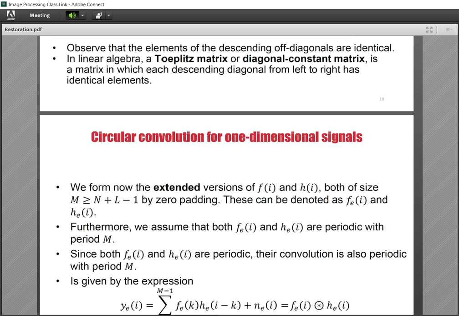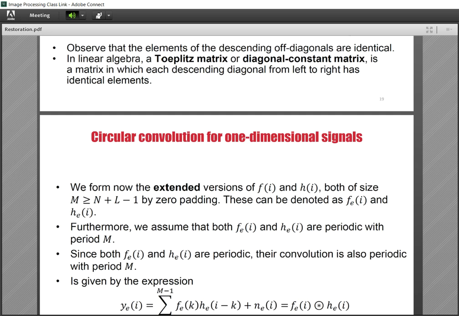This is zero padding. 5 zeros are added to the smaller one, to h. But this formula says M is larger than N plus L minus 1. In this example, the duration of f was 10, the duration of h was 5, the sum of them is 15, and minus 1 is 14. That means M for both of them is larger than 14.